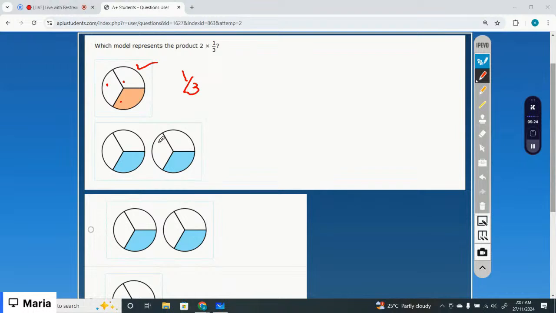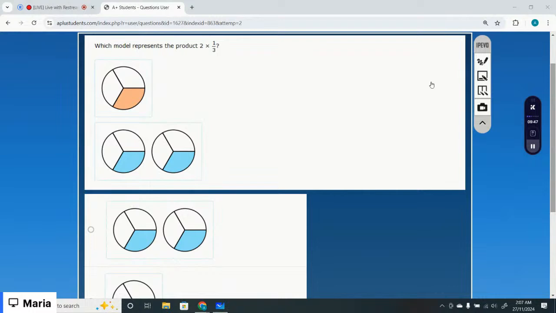Now look at this one. This model represents 1 over 3 plus 1 over 3, because for both the circles you have one portion colored. They have the same denominator, so when you add, that represents 2 by 3. So option number 1 is the correct option that represents 2 by 3.